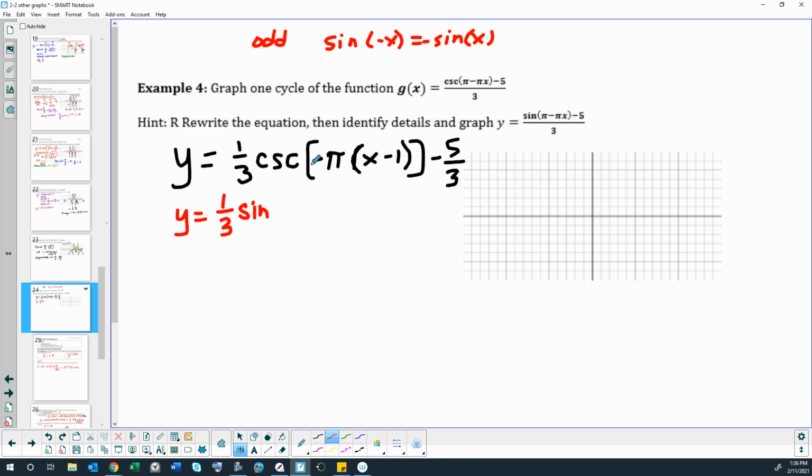So because of that, this negative right here can actually be put out here. So then we don't have to deal with it being a horizontal reflection. We can just say it's a vertical reflection over the x-axis instead. I think that makes it a little easier to deal with. So then we have pi times x minus 1 minus 5/3.